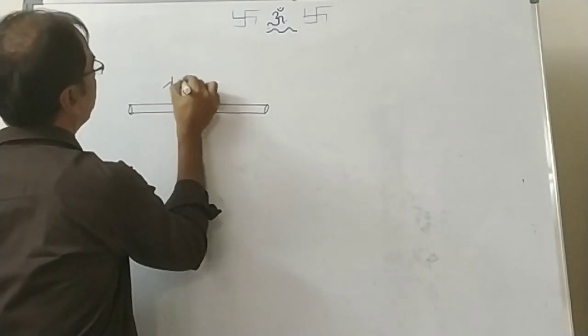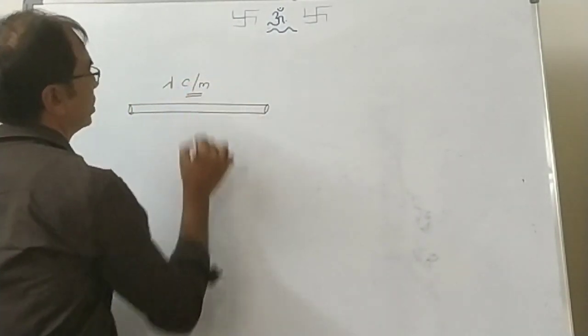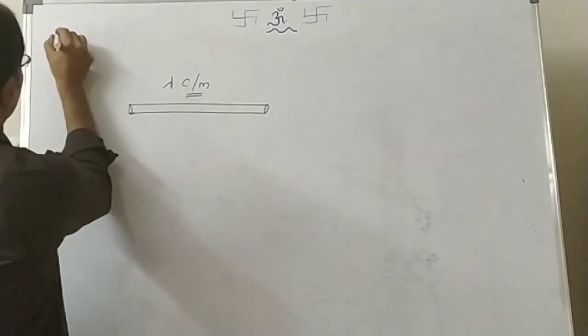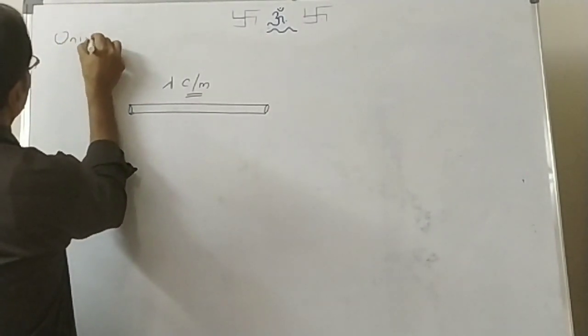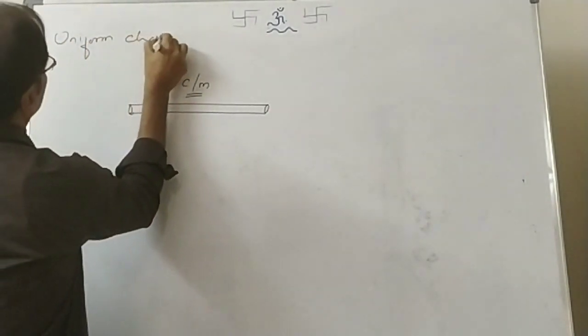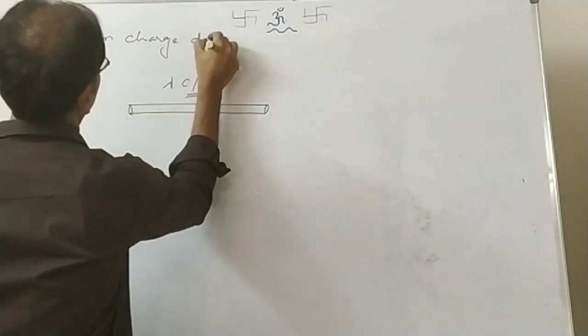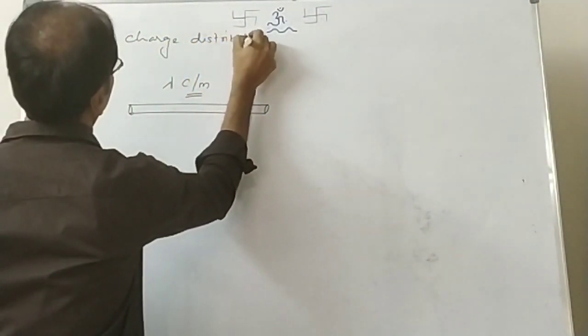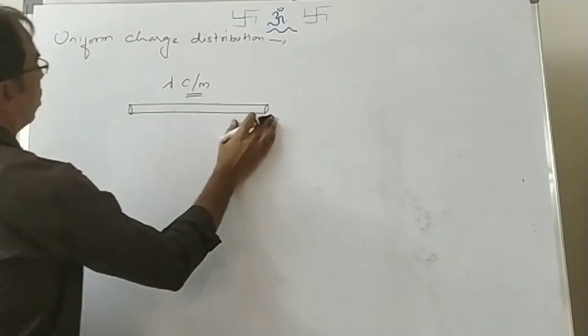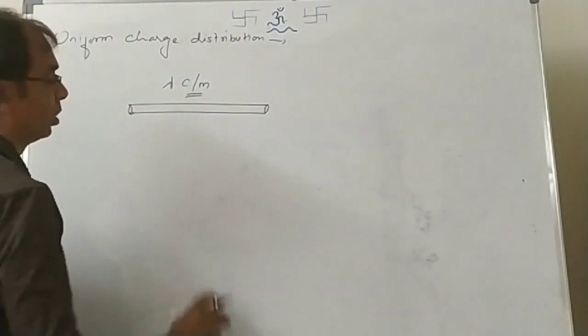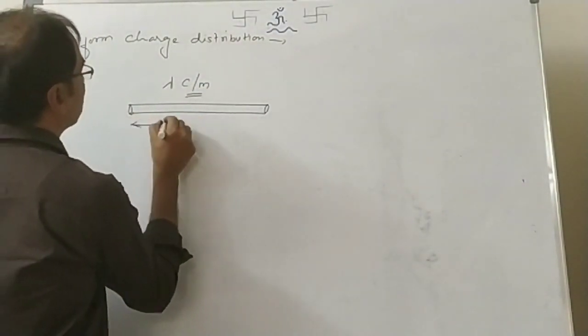We say lambda coulomb per meter is the charge distribution. What is the heading? Uniform charge distribution. So this is a rod. Lambda coulomb per meter is the charge. Its length is L.